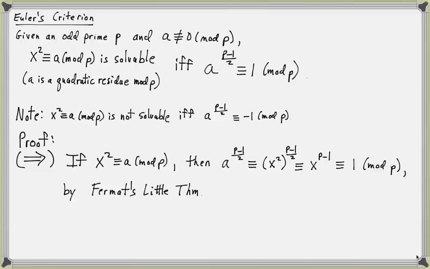So Euler's criterion is very useful. It gives us a calculation to verify if an integer is a quadratic residue mod a prime. Let's look at a quick example. Let's see if 11 is a quadratic residue mod 17.